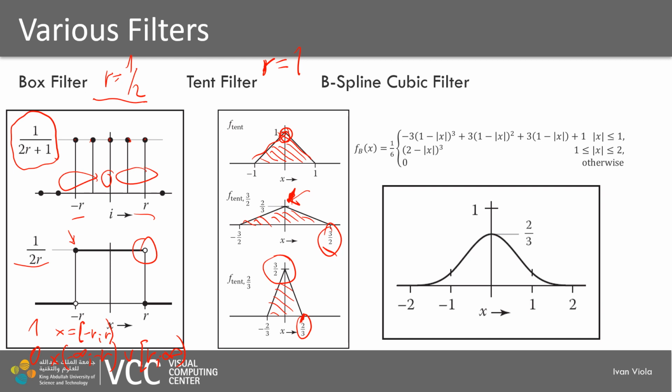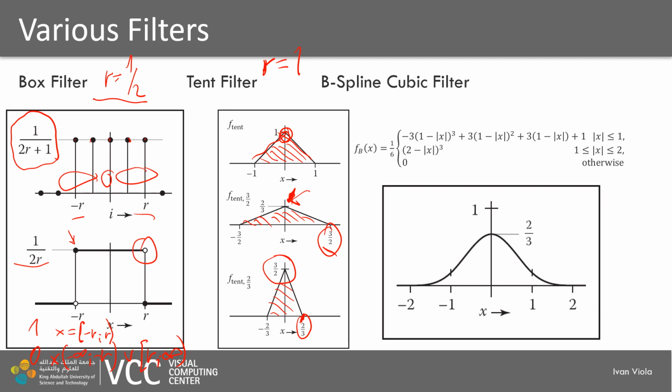So that if we are filtering with the tent filter, we are not increasing or decreasing values in the output as compared to the input signal. The energy between the input signal and the output signal stays the same. This is secured by the integral of the filter equaling 1.